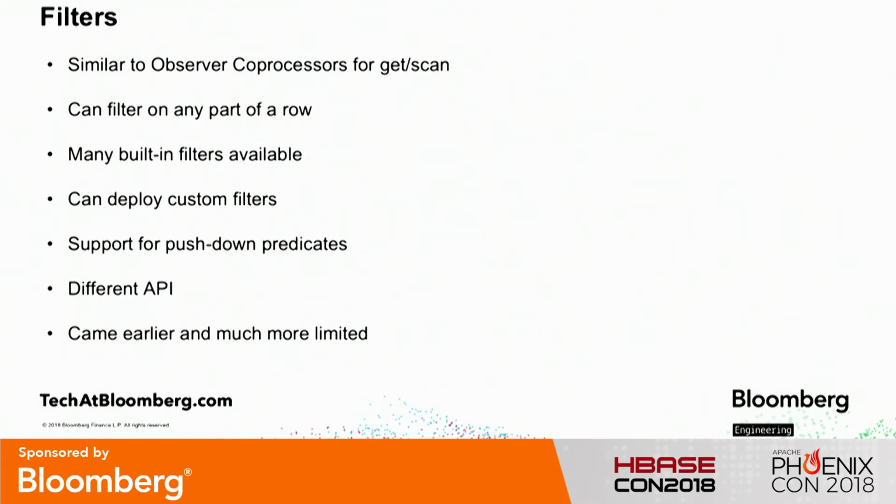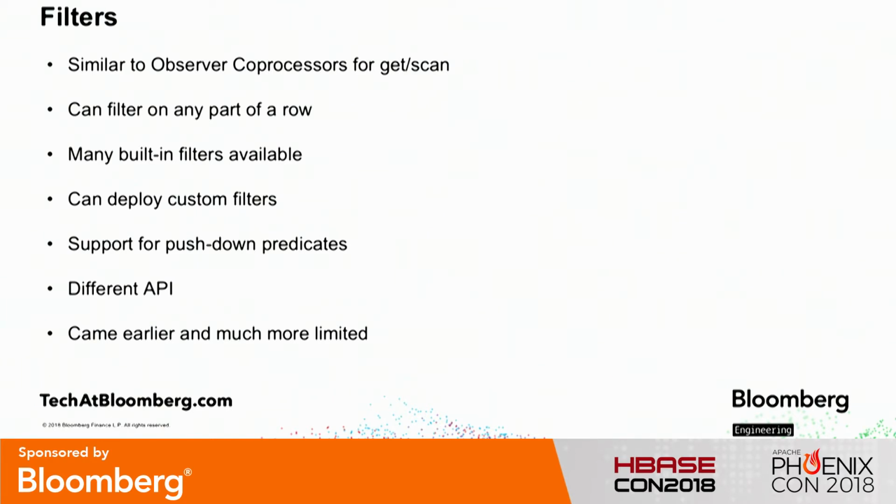So the other thing to mention is that there is support for filters in HBase. These are very similar to the observer coprocessors we were talking about. They were built into HBase at an earlier time, and they're a little bit more limited than a normal coprocessor.